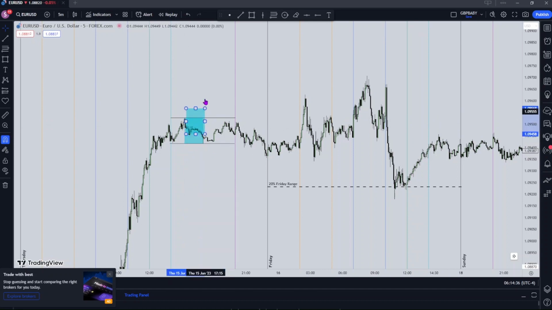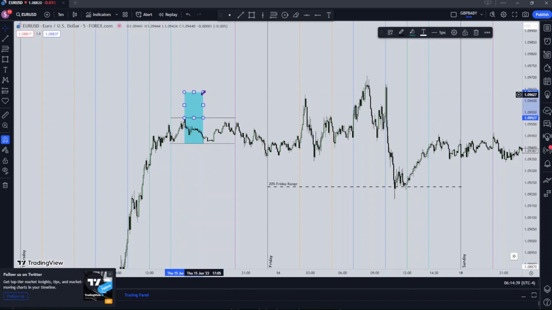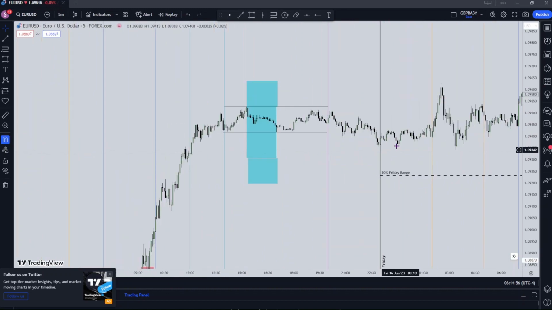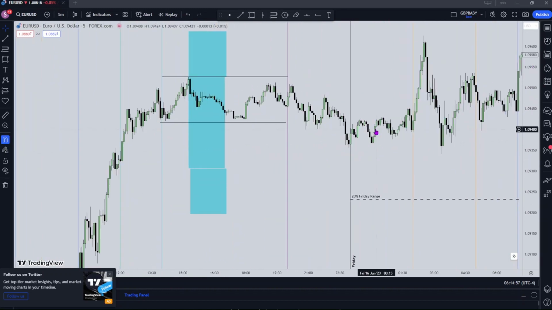So we got one standard deviation, and we should cast down two standard deviations, 1, 2, and that takes us to 20%. But I'm not going to get too much into that right now.